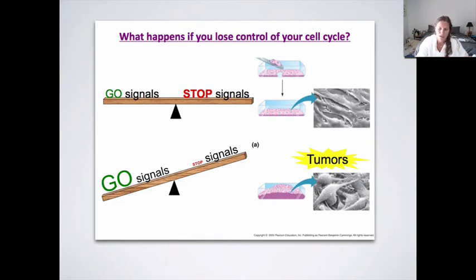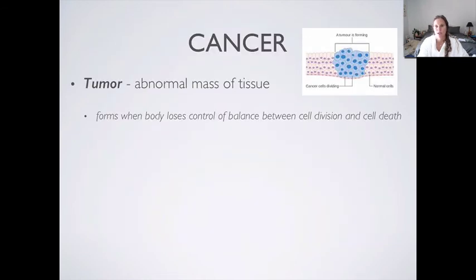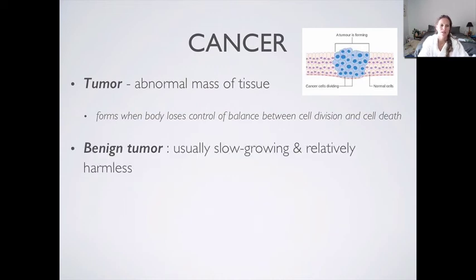That's what a tumor is, essentially. It's an overgrowth of cells. And so that's what cancer essentially is in a very oversimplified way. It's an abnormal mass of tissue, and that essentially is the result of the loss of control between cell division and cell death.